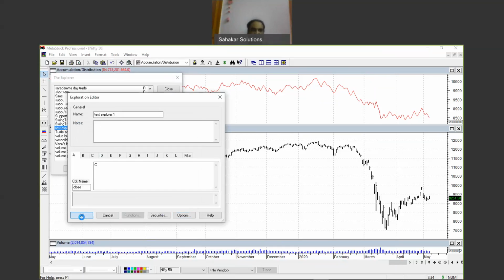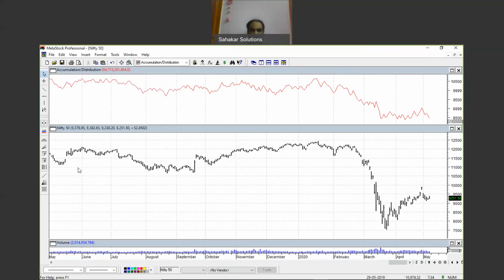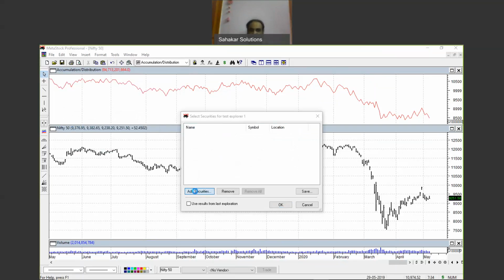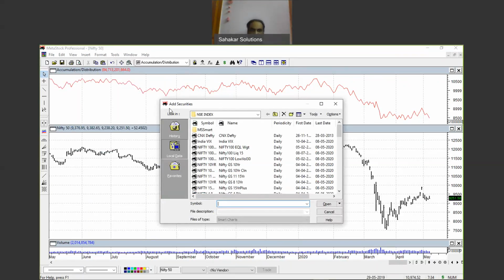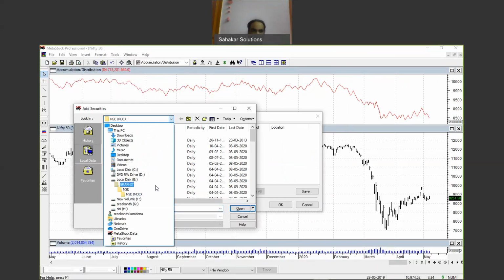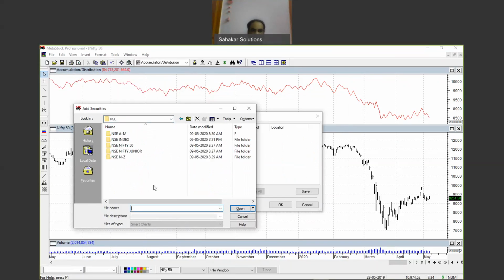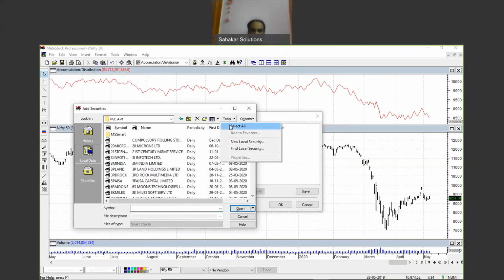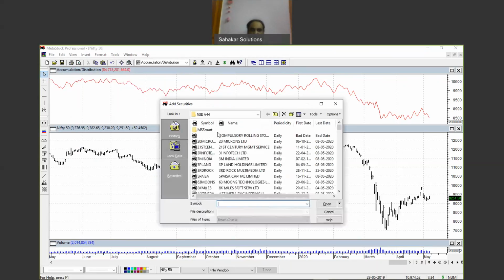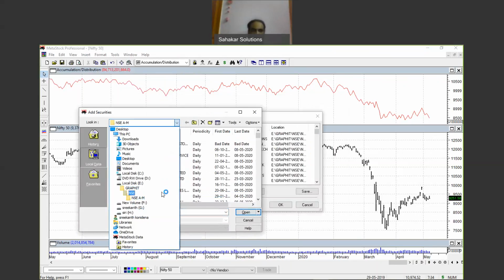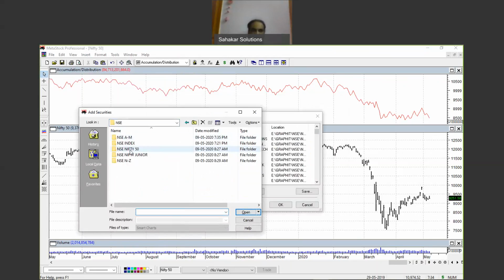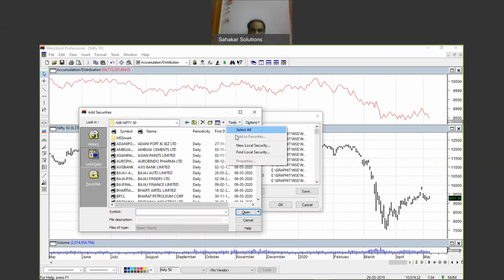Okay. Now we have to add the stocks. Explore. Here we have to add securities. Let's see. A to M. I will take all of them, and I will add other stocks. A to M. And next, here it is Nifty 50. Select all. Open.